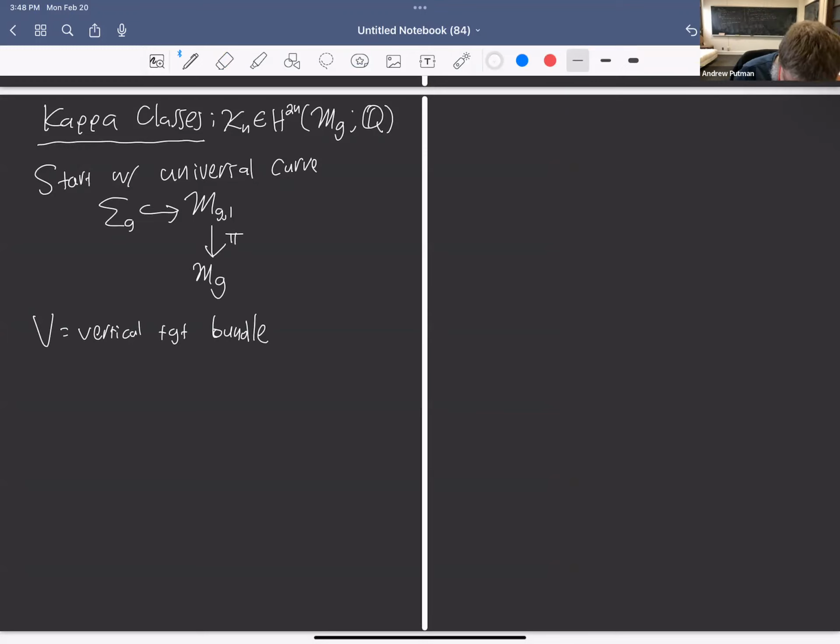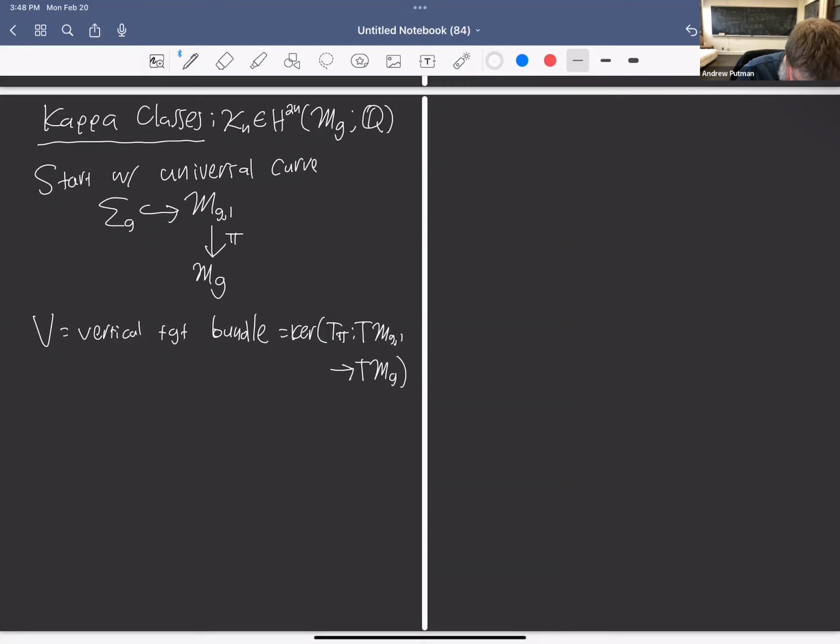So it's the kernel of the map T pi going from the tangent space of MG1 to the tangent space of MG. So this is just a two-dimensional vector bundle. They're exactly the tangent vectors that lie tangent to the fibers. Okay, that's why it's called the vertical tangent bundle.